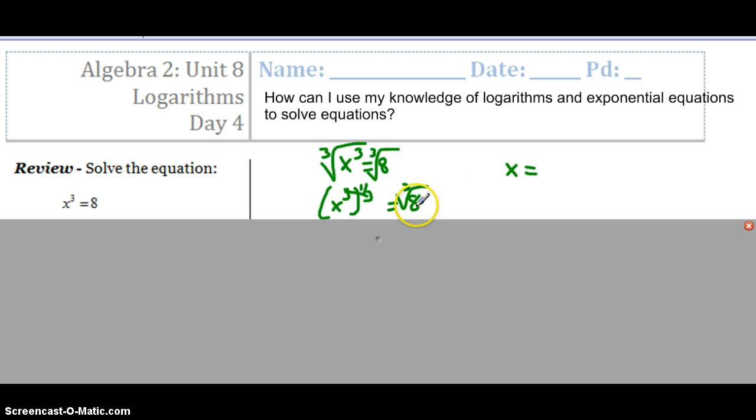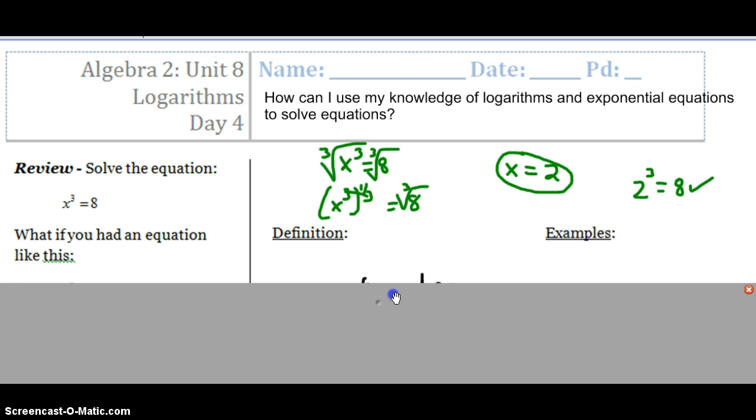And then the cube root of 8, remember, is 2. We always would check our answers after we solve, and we're going to plug in 2 for x, so 2 cubed, and that does equal 8, so we solved that correctly.